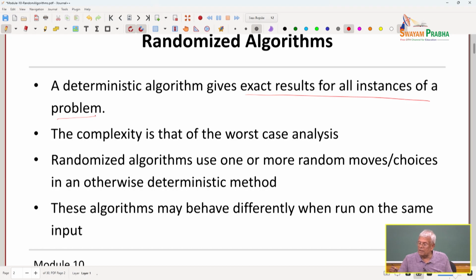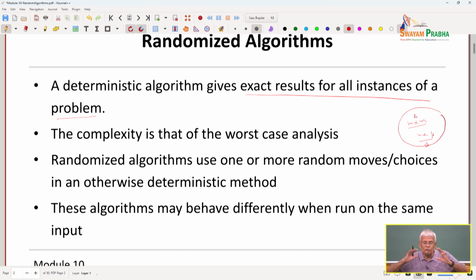So when I say a matrix multiplication problem is a class of problem, there are matrices of size m by n, there are matrices of size n by p. I would like to multiply matrix A of this size by matrix B of this size. Here m, n, p are all integers, three integers that can take infinitely many values.